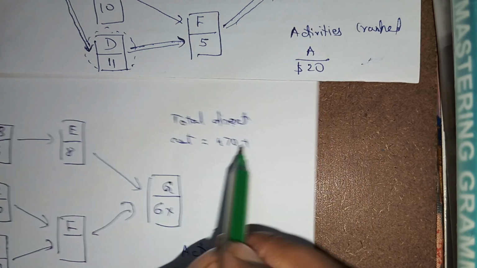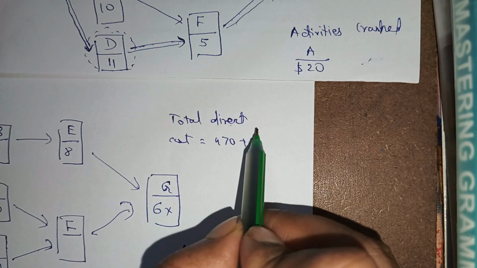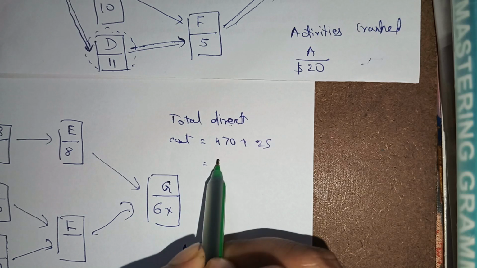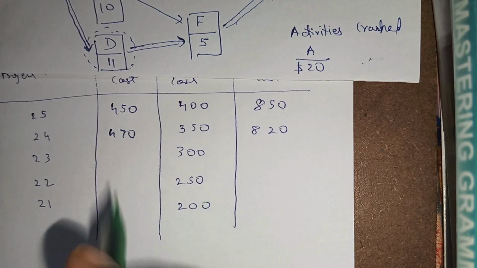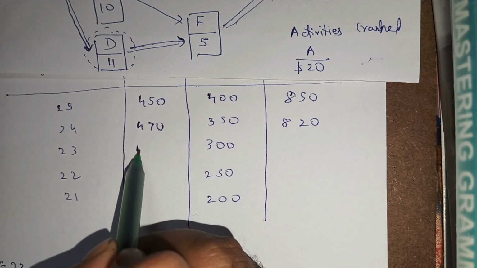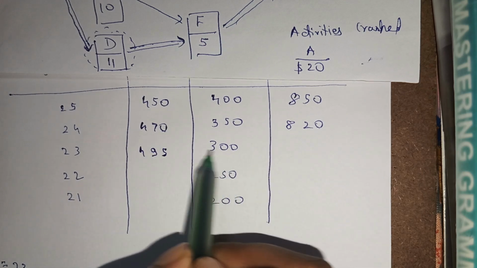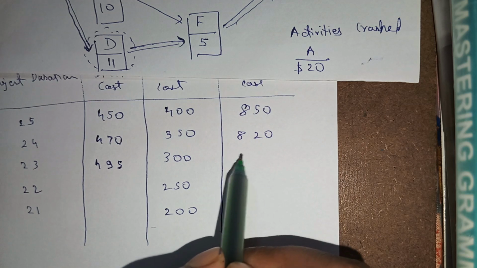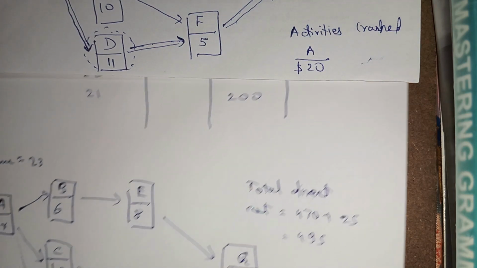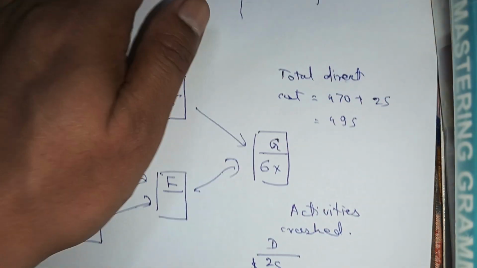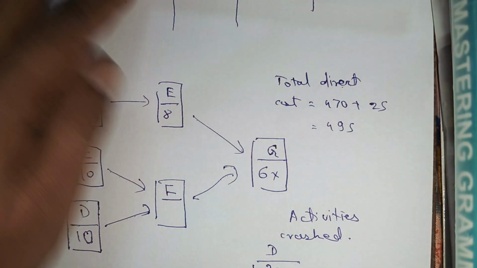Okay, so 470 plus 25, so it is 495 now. So we will fill this table. 495 plus 300, so it is 795.